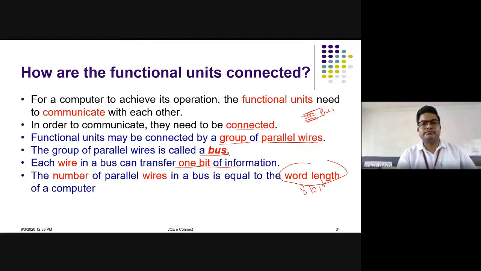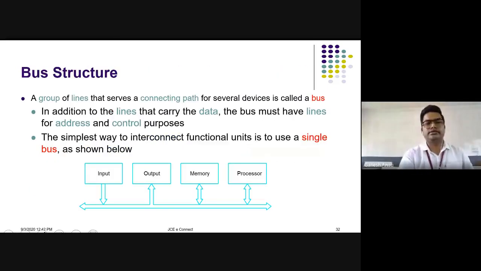So how are they connected? They are connected through a bus. Here you can see I have drawn this as a bus. A group of lines that serves as a connecting path for several devices is called a bus.